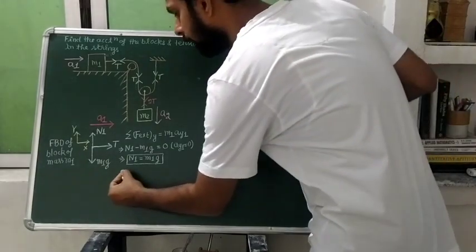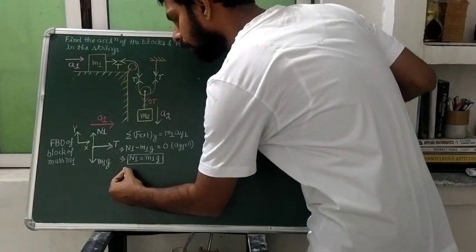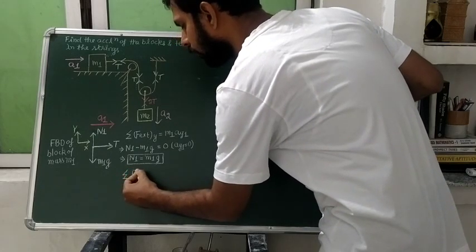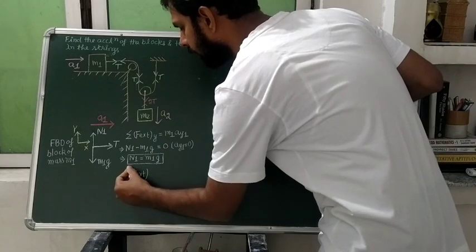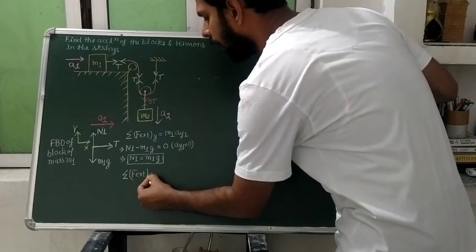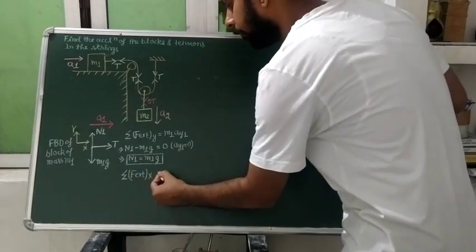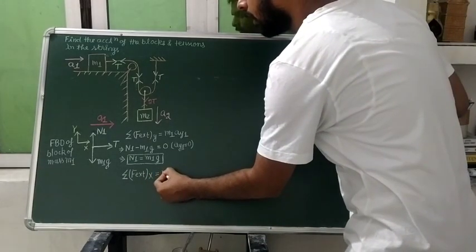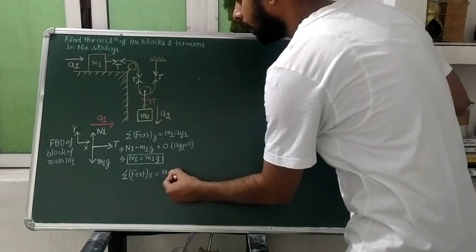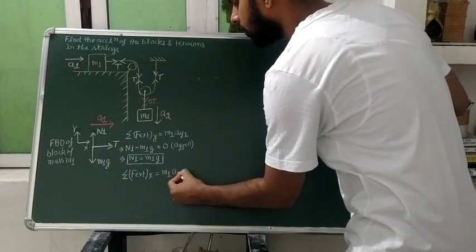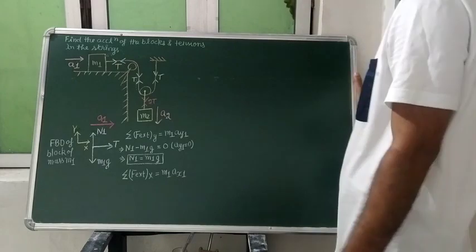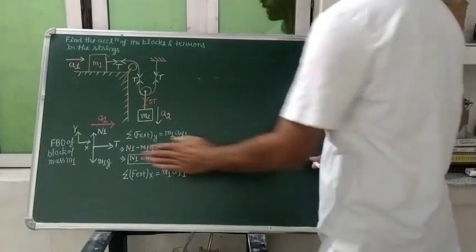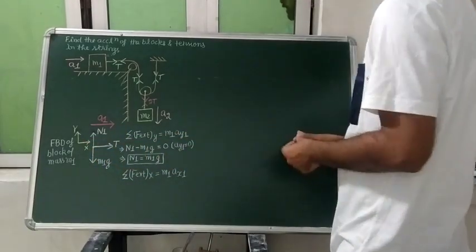Obviously, when will we apply Newton's second law in x direction? The vector sum of all the external forces acting in x direction should be equal to what, students? Mass m1 times the acceleration in x direction of block 1. Of course, students, in x direction only the tension T is acting.